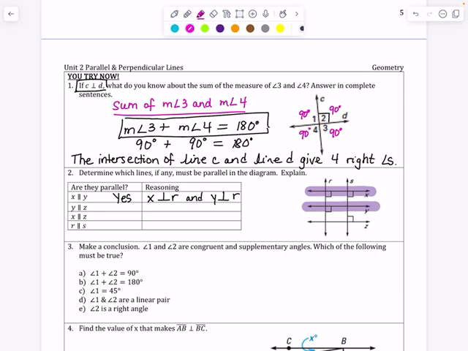So notice we are focused on this question over here to the left, X and Y. Notice how in the picture there is a box on X to R, and there is a box on Y to R. So both lines X and Y are perpendicular to the same line.